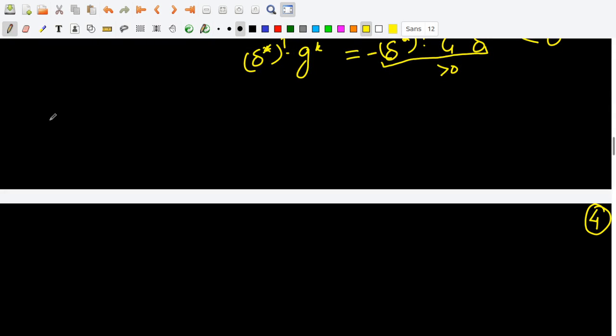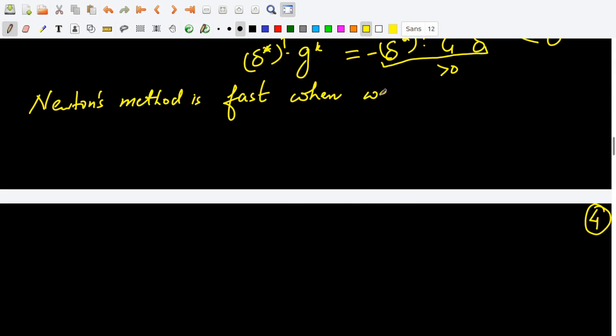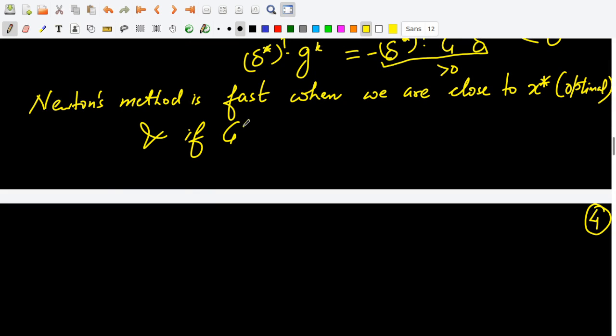Newton's method is fast when we are close to the actual solution, and of course if the Gk are positive definite.